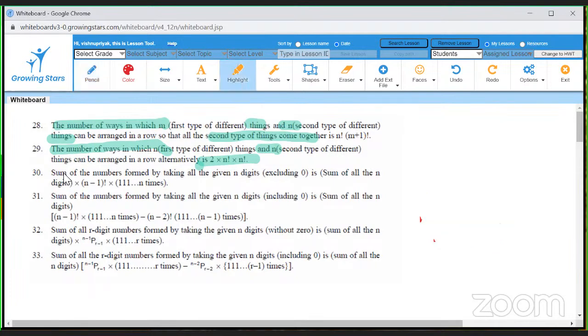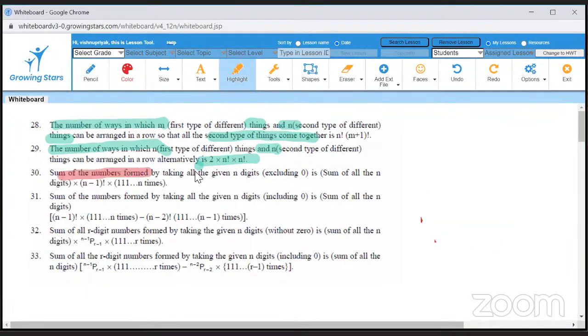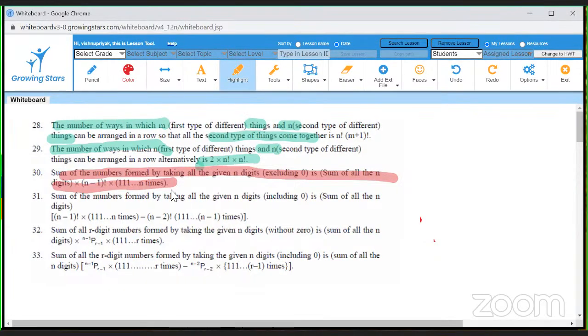Next. The sum of numbers formed by taking all the n digits excluding 0 is the sum of all digits into (n minus 1) factorial into 1, 1, 1, 1, 1. You will write it n times. So I'm not including 0. Suppose I give you 0, 1, 2, 3, okay, 4 also.